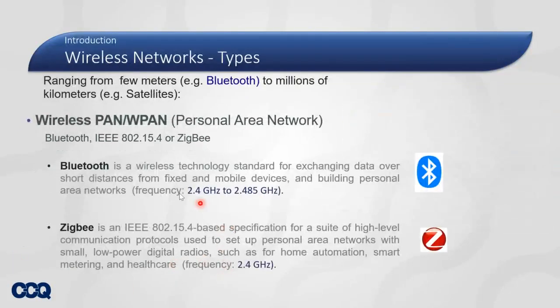Let us focus on the wireless PAN. We mentioned that we have two technologies, Bluetooth and Zigbee. What is the difference between these two?